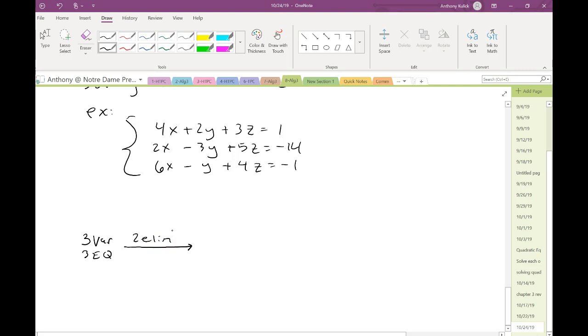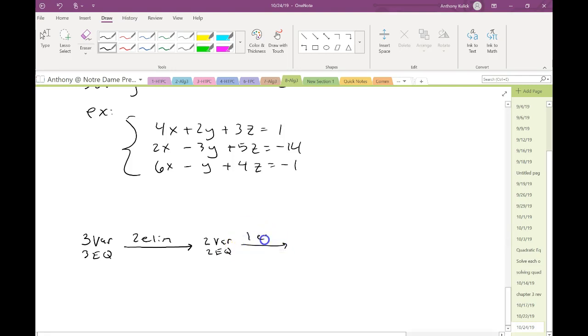We're then going to do two eliminations, and those two eliminations are going to give us a two-variable system with two equations, which is just like what we saw in the homework yesterday.